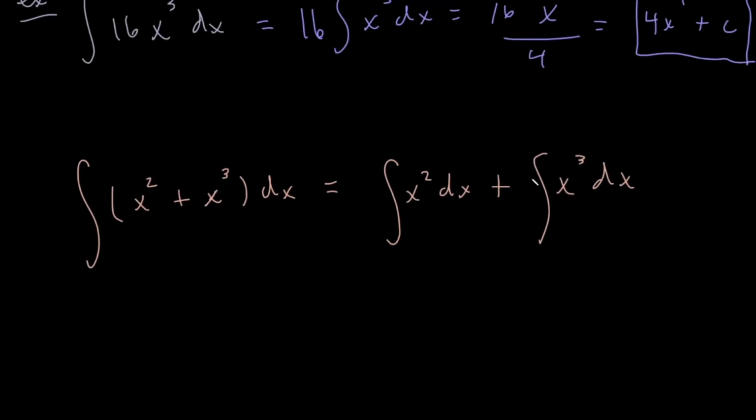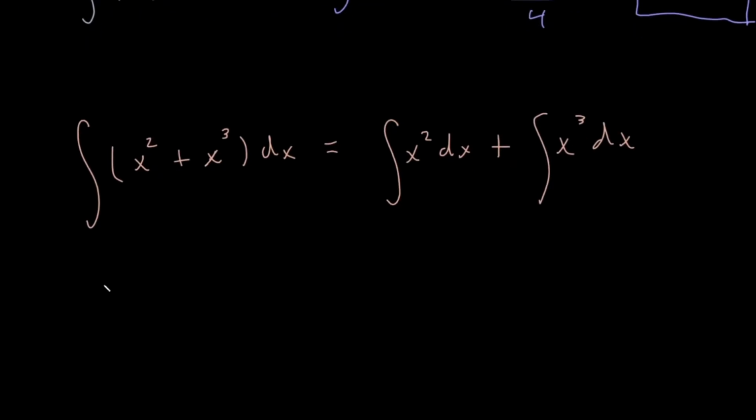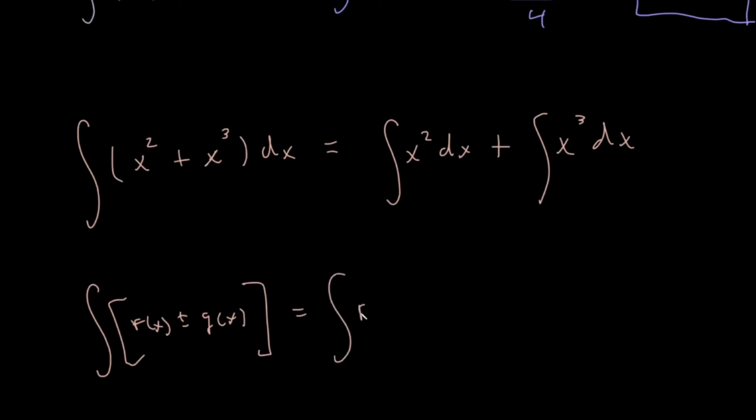It really is that simple. So we say the integral of f of x plus or minus g of x is equal to the integral of f of x plus or minus, whichever one we were talking about earlier, it's the same one, plus or minus the integral of g of x.